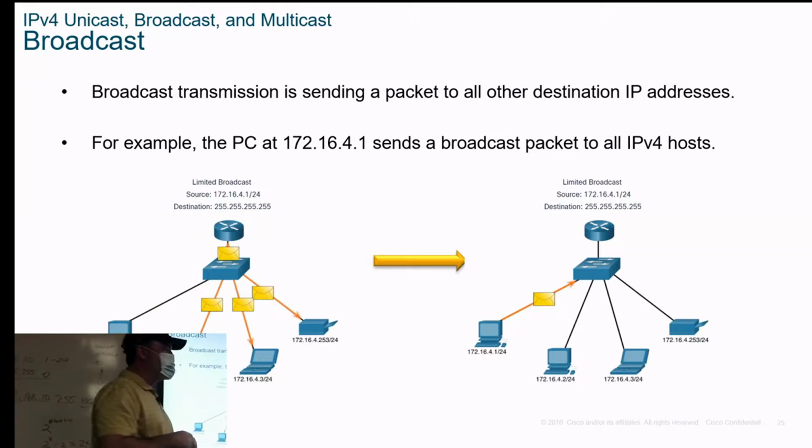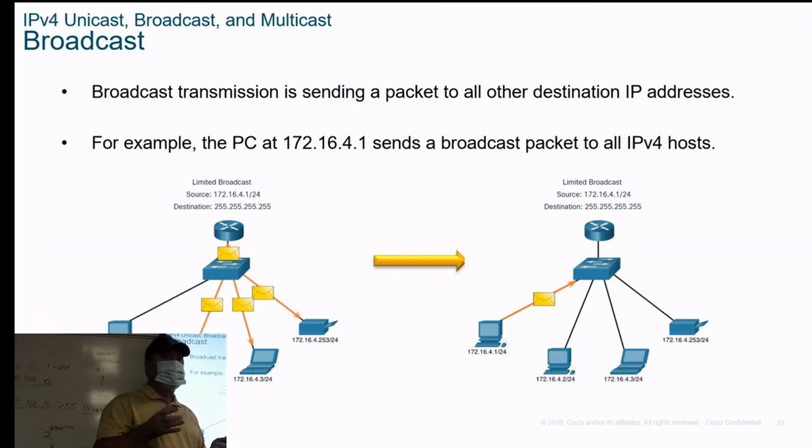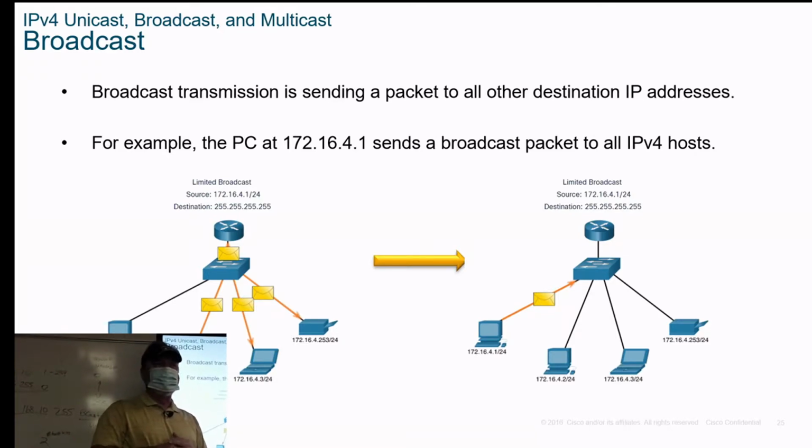All right. So there are some other packet types. One of those is a broadcast. Remember, if we don't know the MAC address of the device that we're trying to talk to, we have to retrieve that somehow. The way we retrieve that is with an ARP request, which is a broadcast packet.